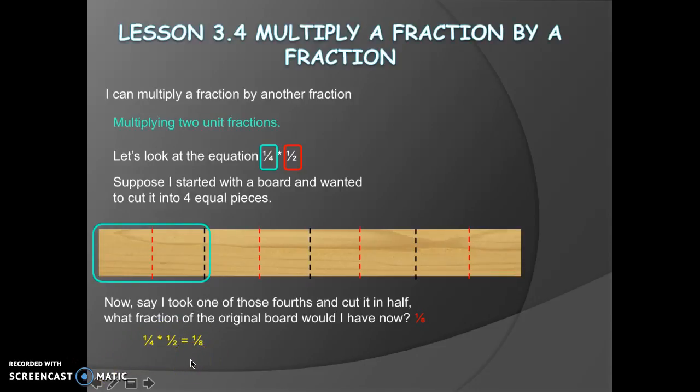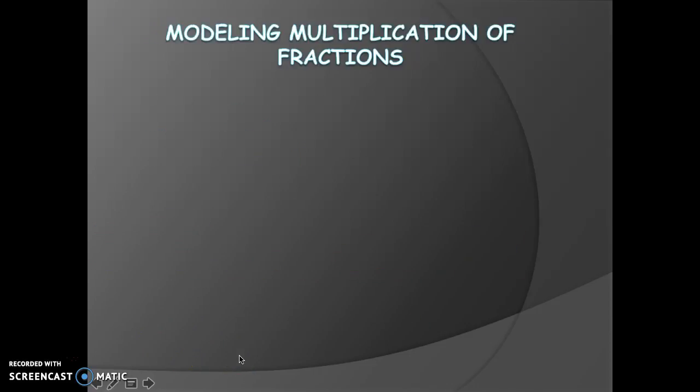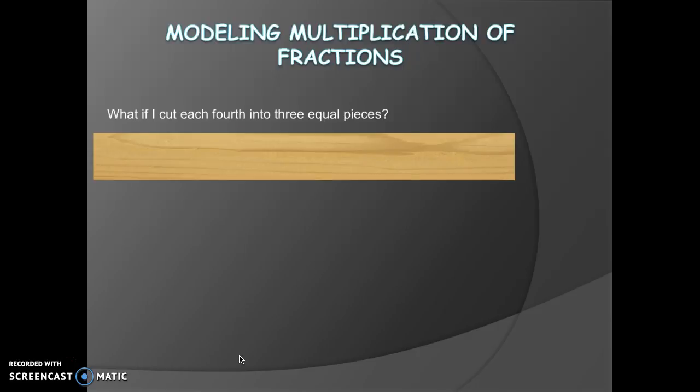Now look at that. Do you see a pattern here? All right, now, what if we took those same fourths and divided them into 3 equal pieces? So now my question is, what would a third of a fourth be?